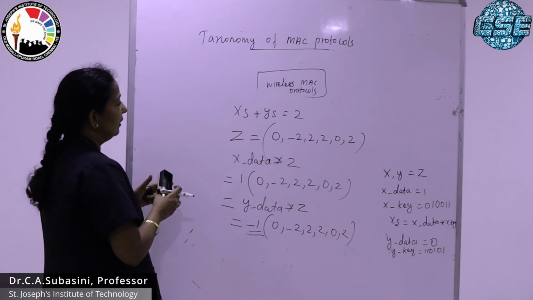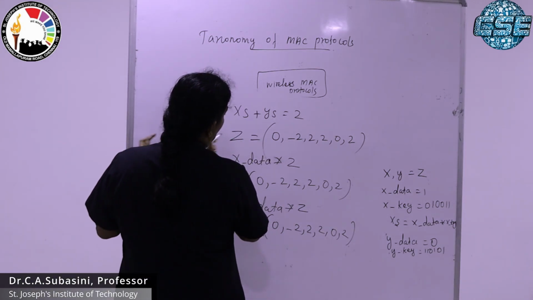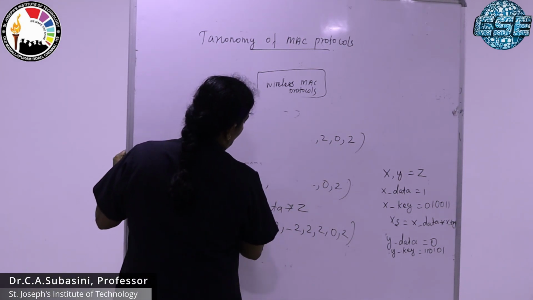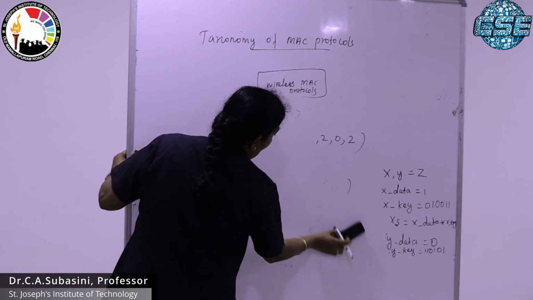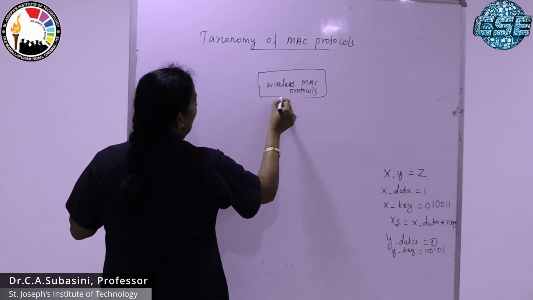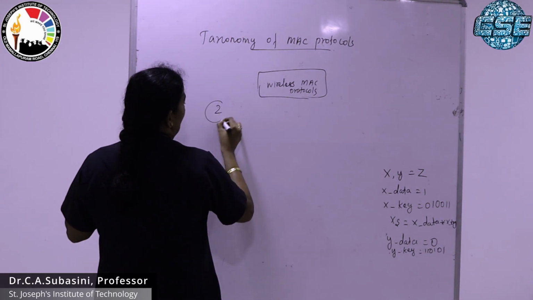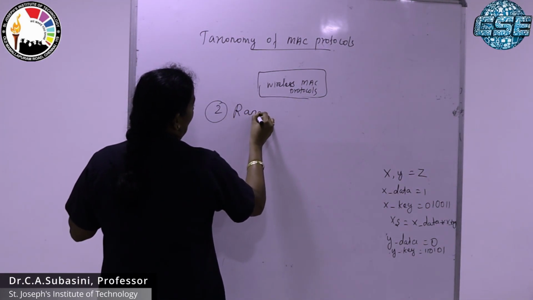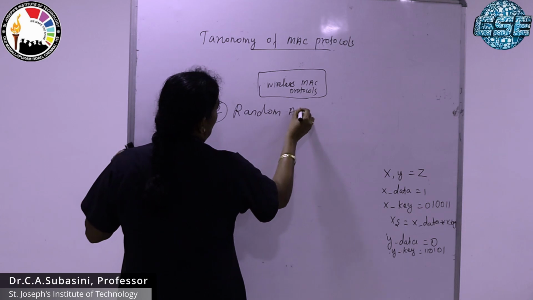After completing code division multiple access, next we are using the random assignment scheme. So in this wireless MAC protocol, the second is the random assignment scheme.